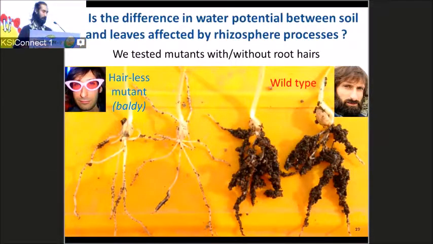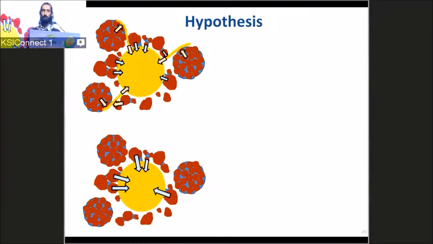And so how should they work? Why should root hairs help? Well, the hypothesis is this one. If you have root hairs, which can also extract water from the soil, for a given transpiration rate, the consequence is that you average the fluxes over a larger surface. If you don't have root hairs instead, the flow velocity at the root surface gets big.